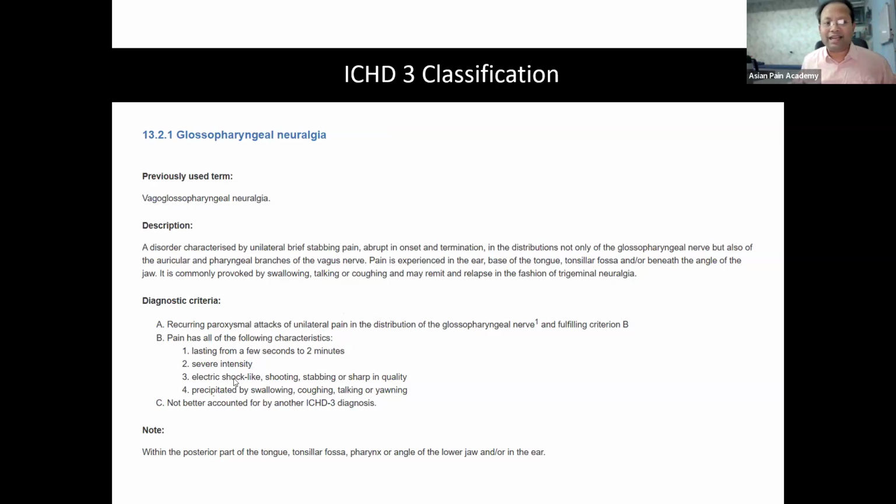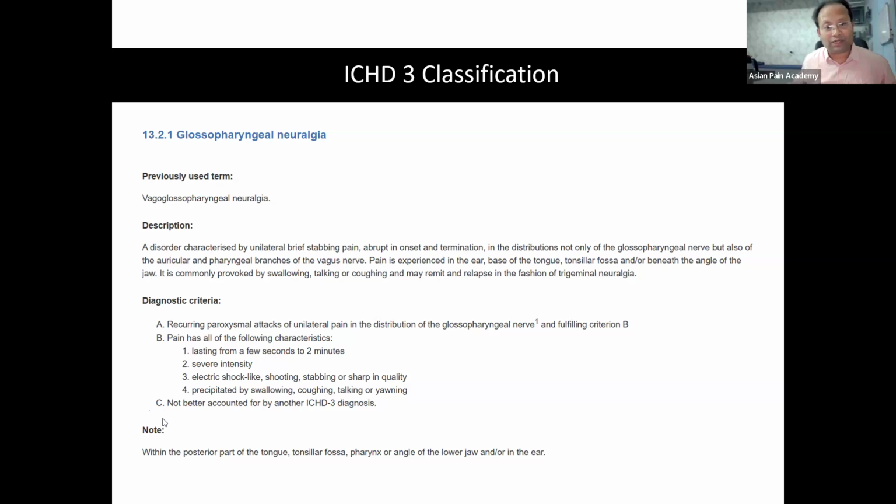Severe intensity, electric shock like, shooting, stabbing, and sharp in quality, and precipitated by swallowing, coughing, talking, or yawning. So talking or even swallowing can precipitate both trigeminal and glossopharyngeal attacks.